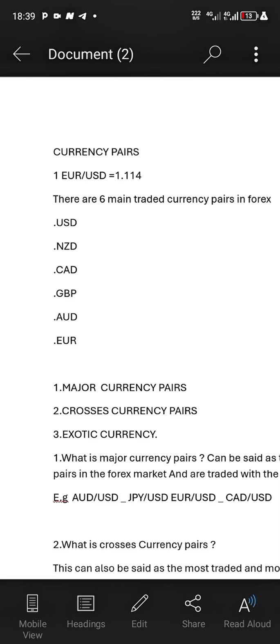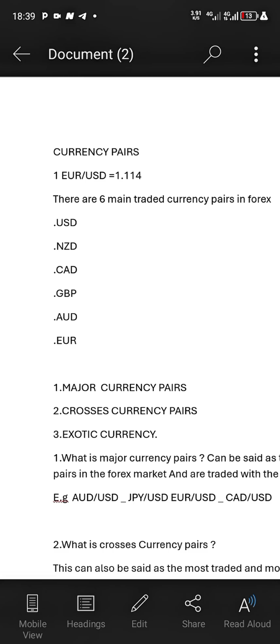But if the United States dollar goes up and the €1 goes down, that means you are selling the United States dollar to get this €1. So that's what I was trying to illustrate in my previous video.